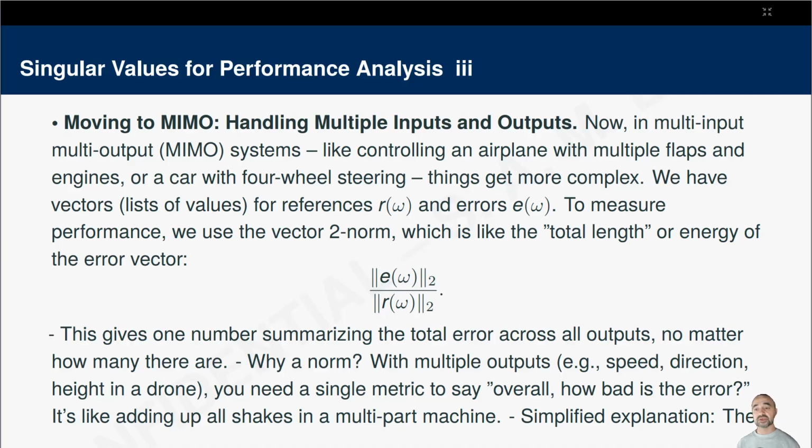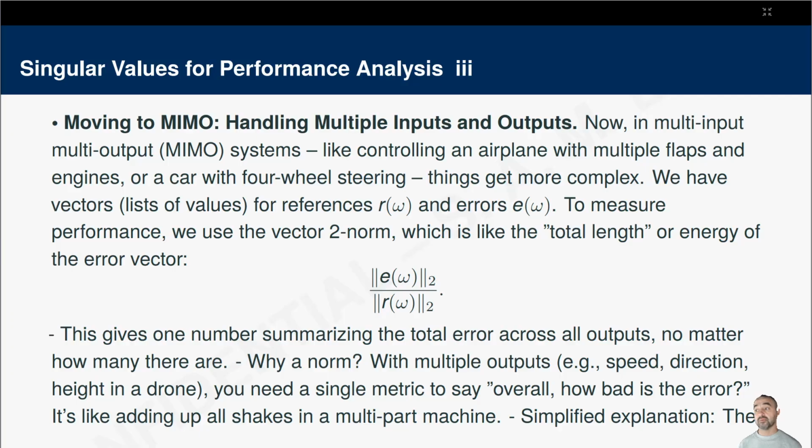To measure performance, we use the vector 2 norm, which is like the total length or energy of the error vector. So we have the vector 2 norm of E omega over the vector 2 norm of R omega, the reference vector, and the ratio of these two.